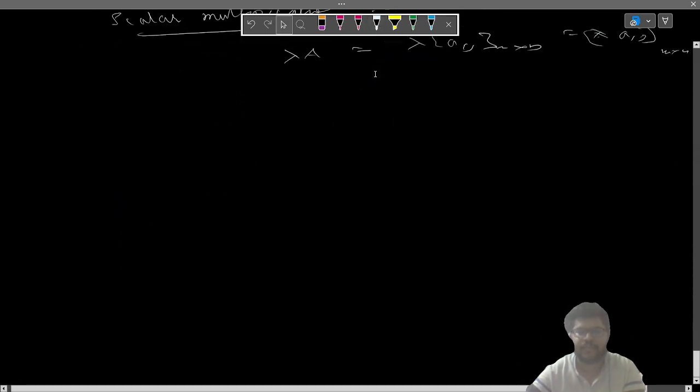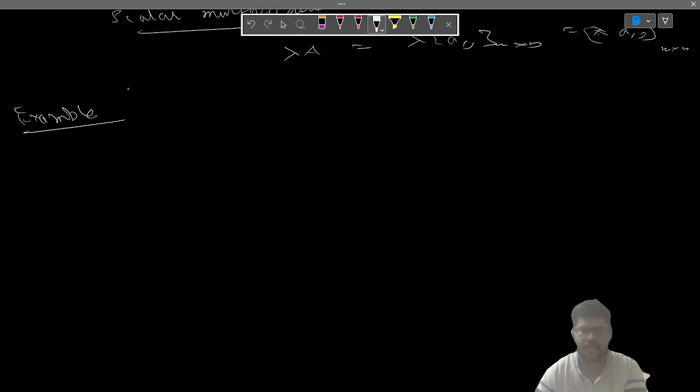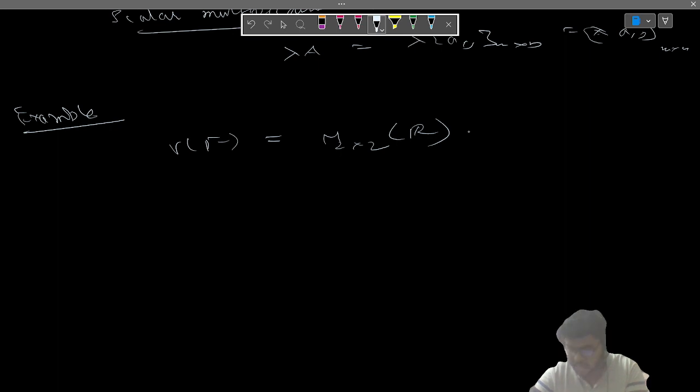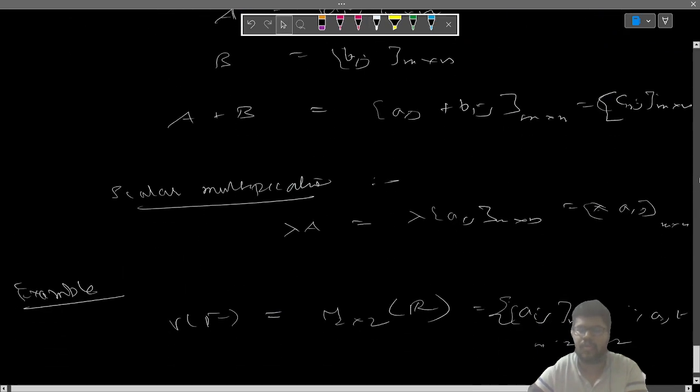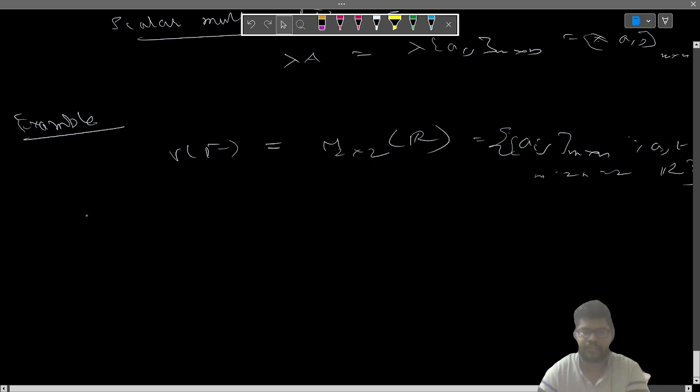Now we will see an example of the same. So the example is: V over F equal to M2 cross 2 over R, which is (aij) m cross n, where m equals 2, n equals 2, aij belonging to R, right?